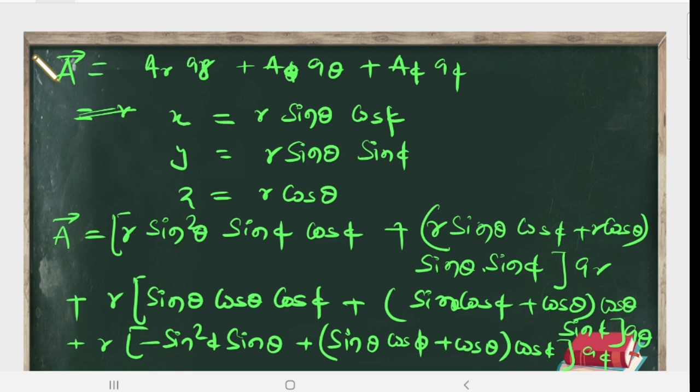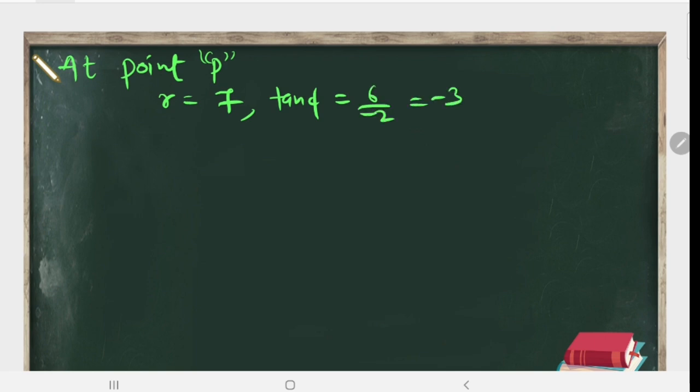So the next target is to calculate the vector A at point P. At point P, the value of r is 7, which we have calculated, and tan phi is equal to 6 by minus 2, that means minus 3, and tan theta is under root 40 by 3.